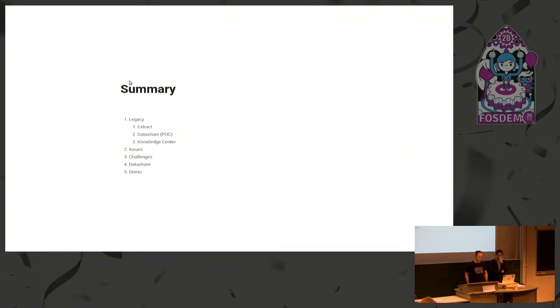We are going to see how we started from legacy components, how we had some needs for the journalists, and how we used those bricks to build another component, a project called DataShare, and we are going to see the challenges and how we tackle them.